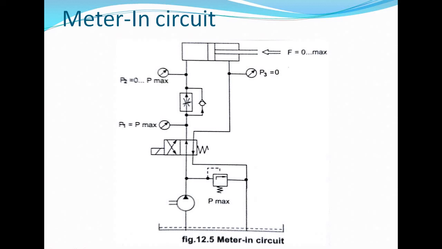This is the DC valve we have seen, 2 position and 4 ports. Then you can see here this is the throttle valve. Throttle valve means we can adjust the flow of this valve by adjusting the knob.